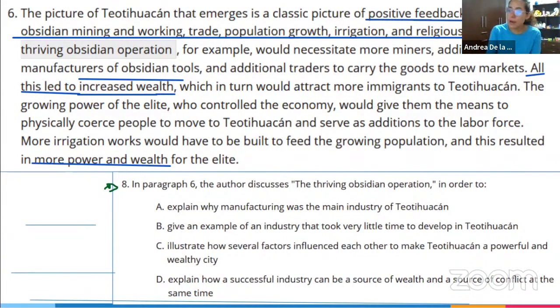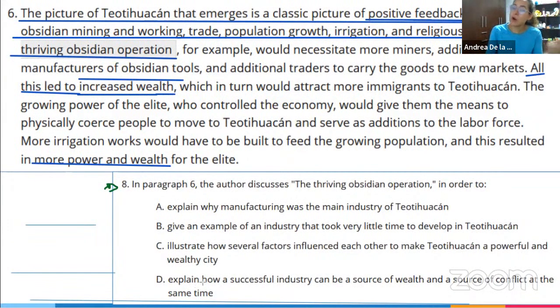So the reason why the author talks about this thriving obsidian operation has to be in order to support that main idea, that the picture of Teotihuacan was this classic picture of positive feedback. So what you guys need to do now is read the options and look for the one that contains the main idea as the object of the sentence in the options.